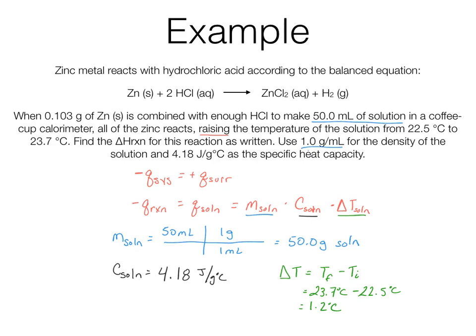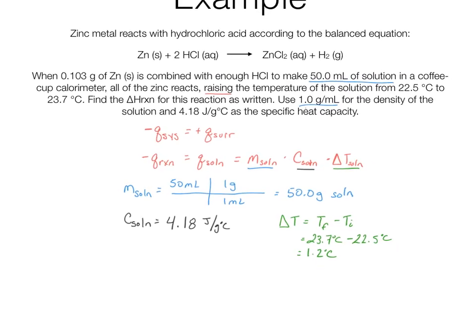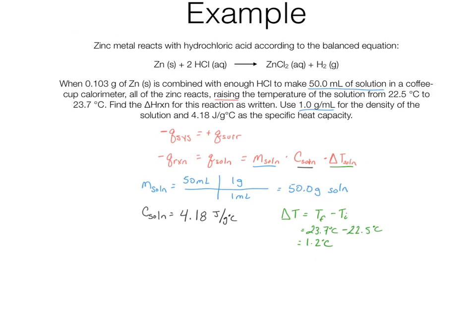So from here, we can put it all together. And so we know that Q of our solution is going to be equal to 50.0 grams times 4.18 joules per gram degree Celsius times 1.2 degrees Celsius. And so Q of our solution is equal to 250.8 joules.